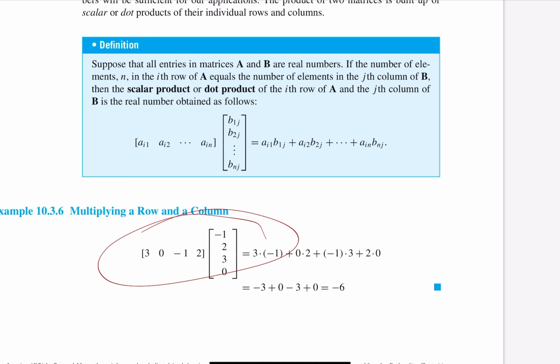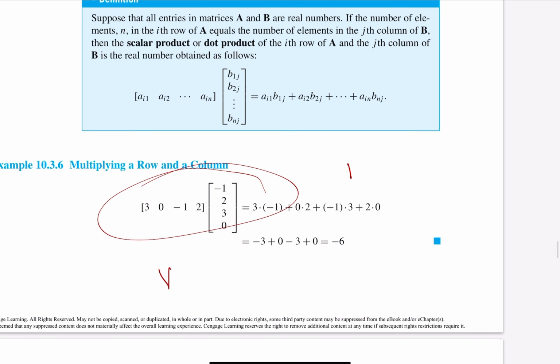Just take the dot, and think about it like this: if you have a vector v1, v2, v3, and you have another vector w, let's call it w1, w2, w3, okay?